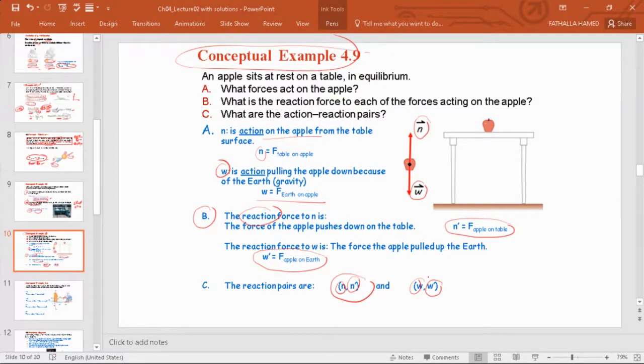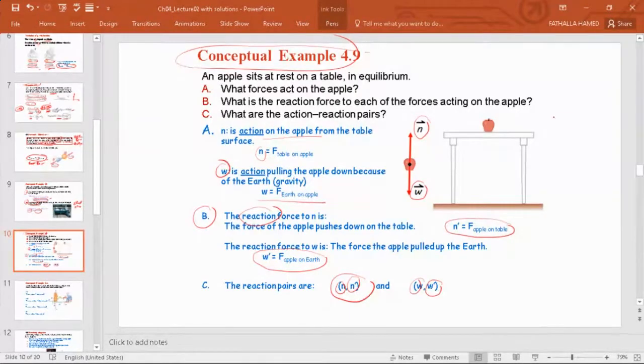Now, there is always a wrong view that some students might have, and they think of N and W as action-reaction forces. And the normal force is different than the weight.